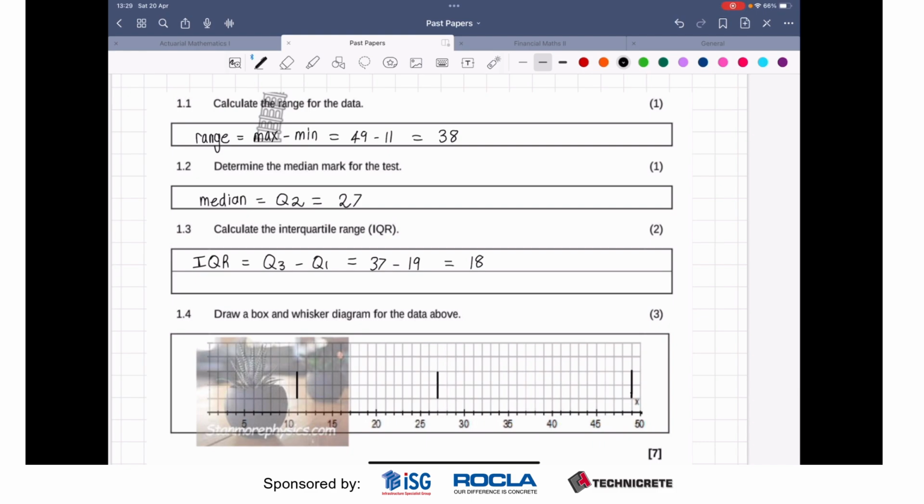And my Q1 was 19. And Q3 was 37. So the Q1 and the Q2 and the Q3 makes up the box. And then my whiskers join them to the max and the min.